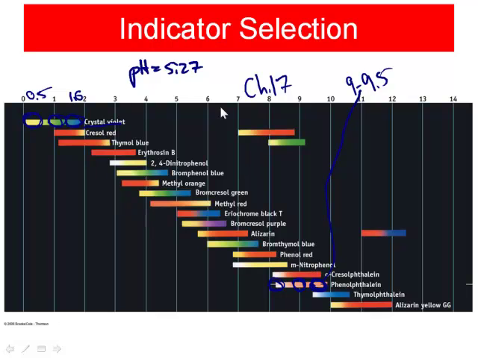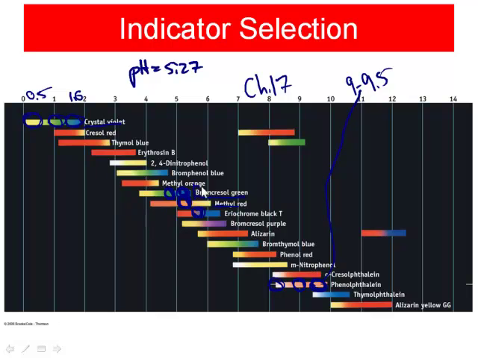If we look, the best two are probably going to be methyl red, because you can see it changes color in this range, starting to change at about 5.2 or 5.3. Eriochrome black wouldn't be too good, because it starts to change colors at a pH of about 5.5. But also, guys, bromocresol green: it's green at a pH of about 4.7, and then it changes very rapidly to blue at a pH of about 5.2.